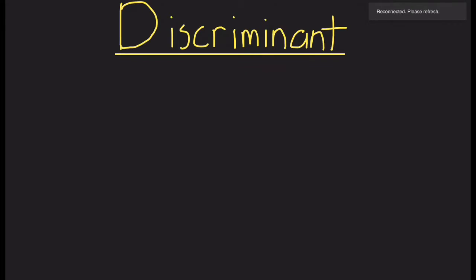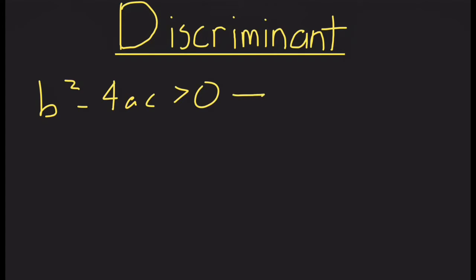The discriminant tells us the number of solutions in an equation. So if the discriminant b squared minus 4ac is greater than 0, then there are two real solutions.